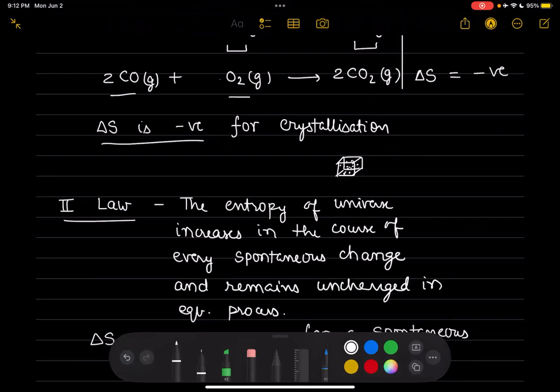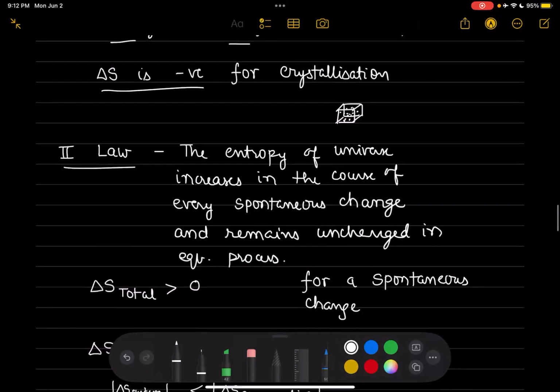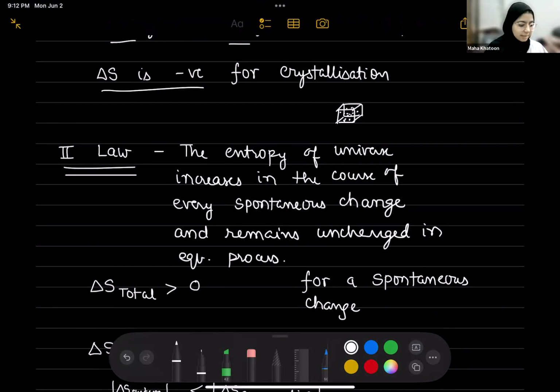And we had seen the second law. What was the second law? Who is going to tell me? Second law of thermodynamics. Once a spontaneous reaction starts, it won't stop.